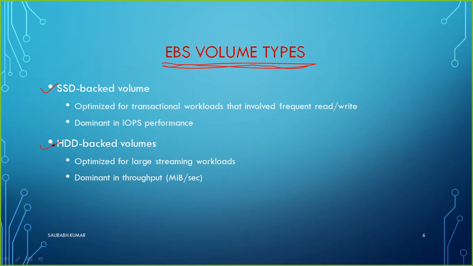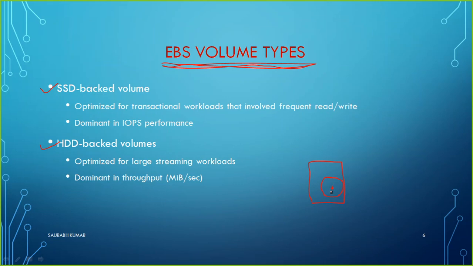In layman's language, what's the difference between them? You may have seen a hard disk which comes in the market with any laptop or computer. Generally, one or two years ago, most hard disks came in this format where there was a platter, and even nowadays it is available.